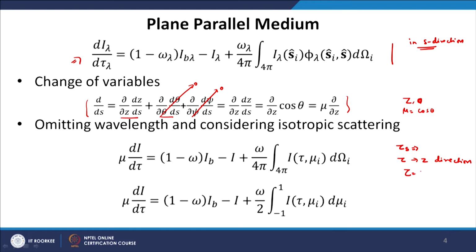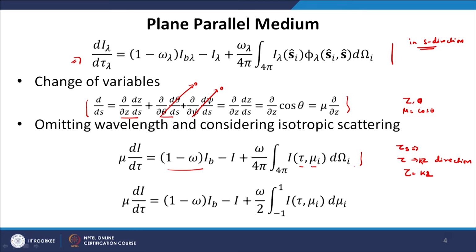So, tau is nothing but kappa times z. Okay. So, this is the vertical optical path length. And the right hand side is 1 minus omega times I b minus I, plus omega upon 4 pi. Now, I have also written the intensity, instead of as a function of the path length s, as a function of z and theta. So, z dependence comes in tau and theta dependence comes in mu. Okay. And we have to integrate over all the solid angles d omega i.